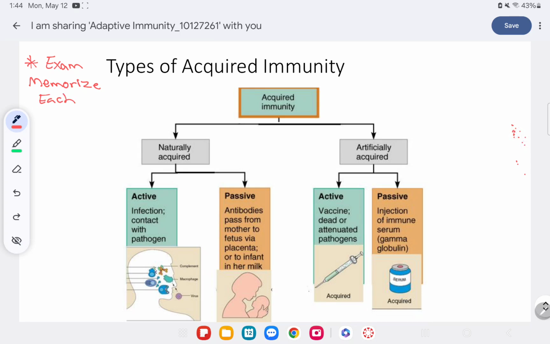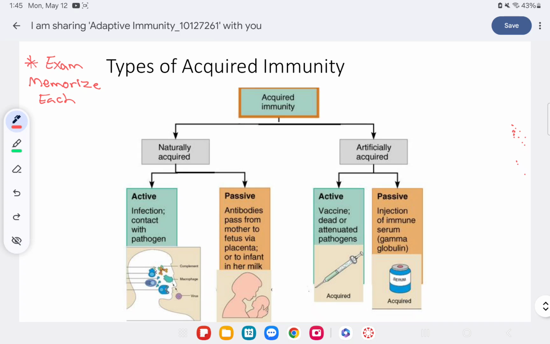That's active. A passive form, which happens in real life, is the baby getting antibodies from mom, either through the placenta or through the milk, mother's milk. The problem with passive immunity is that it does not give memory cells. It only gives antibody. Antibody is awesome.